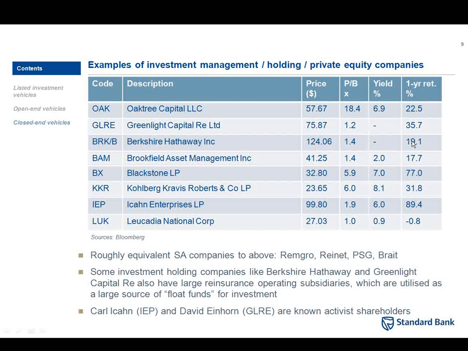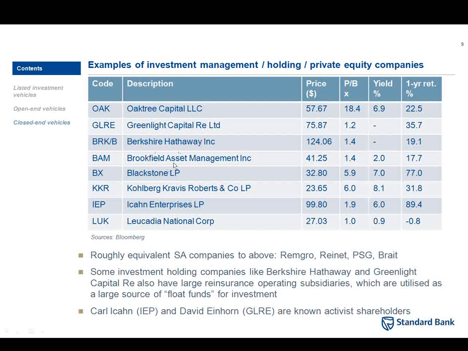So Greenlight Capital has had a good year, beaten Berkshire Hathaway, and David Einhorn is considered by many as a younger up and coming Warren Buffett.